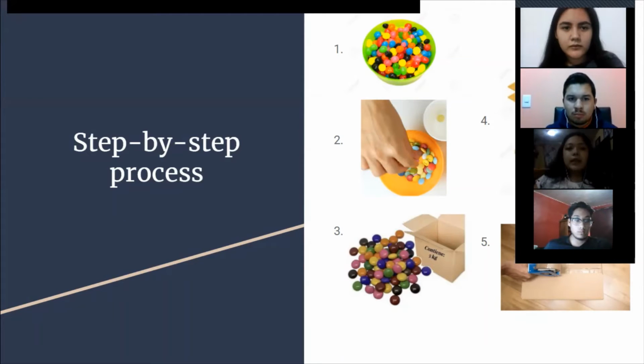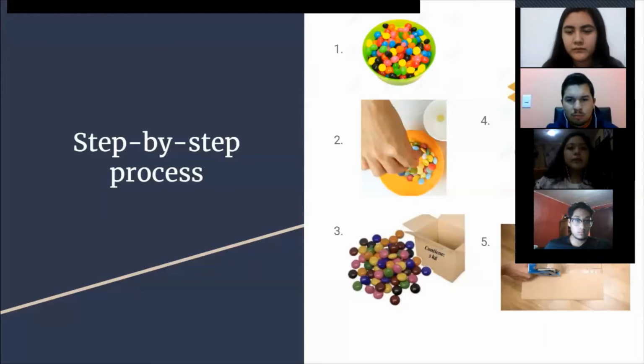The candy classification begins with filling a single container or a bowl with candies of different colors, coming from the continuous process.